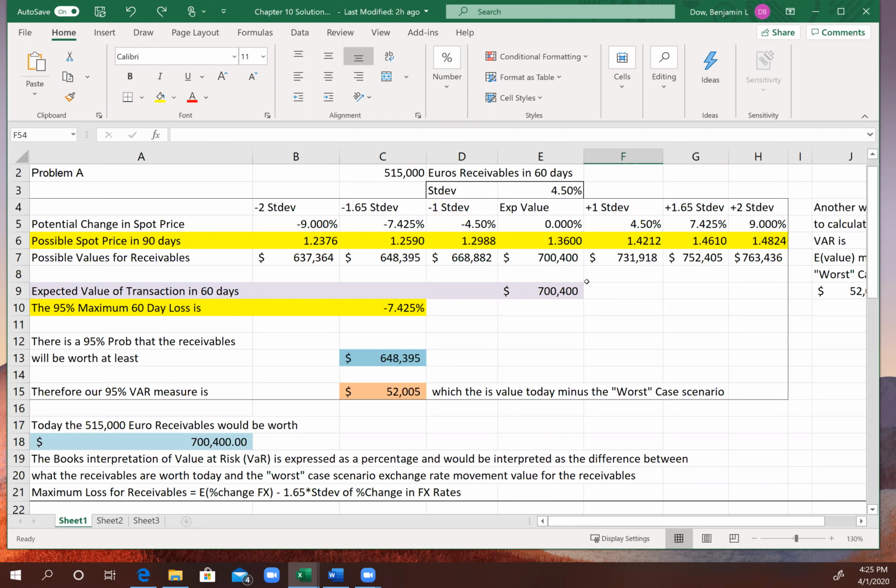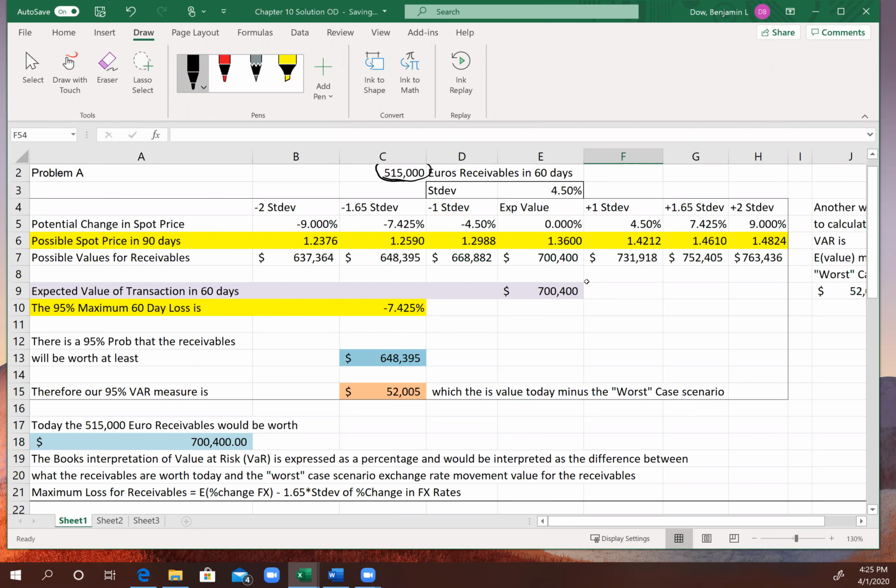So if we look here, we've got 515,000 euros coming in 60 days. If we expect no change, then we expect the euro to be at $1.36.